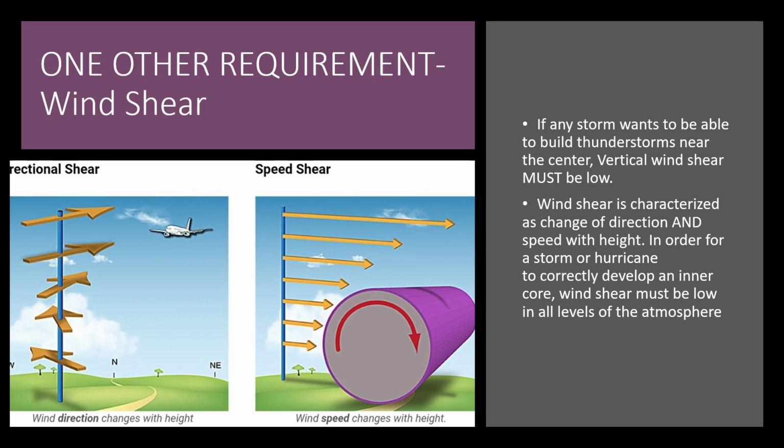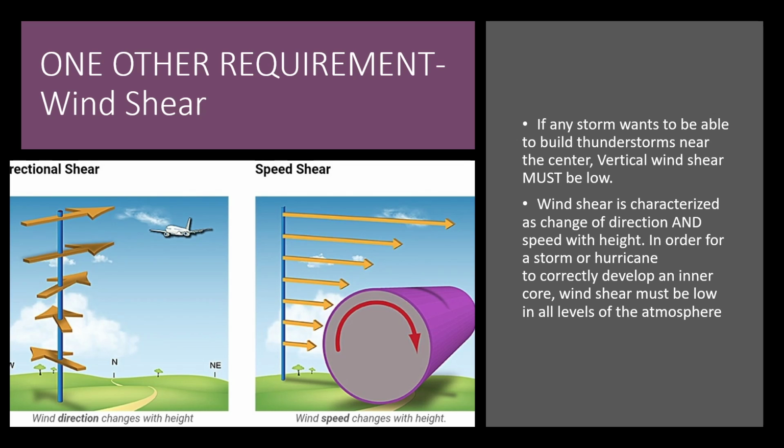Now, one might think, well, tornadoes require directional shear and speed shear. That is very true, but for tropical cyclones and hurricanes, in order for these storms to be able to build around an axis of low pressure, the vertical shear has to be low.